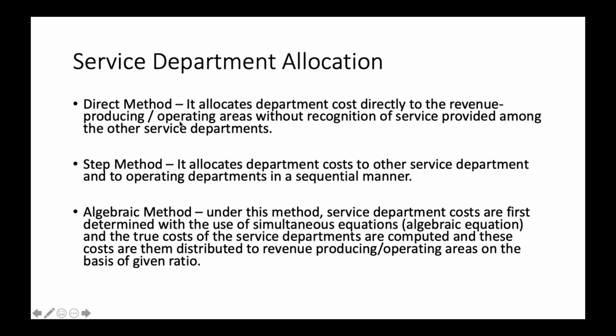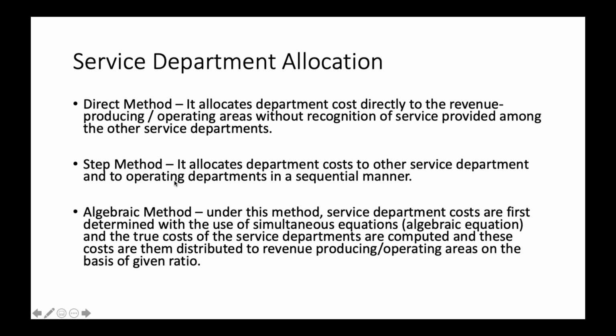We will be using either the direct method, step method, or algebraic method. When we say direct method, it allocates department costs directly to the revenue producing or operating areas without recognition of services provided among the other service departments. So in this method, we will disregard the services provided by other service departments to the service department's cost to be allocated.